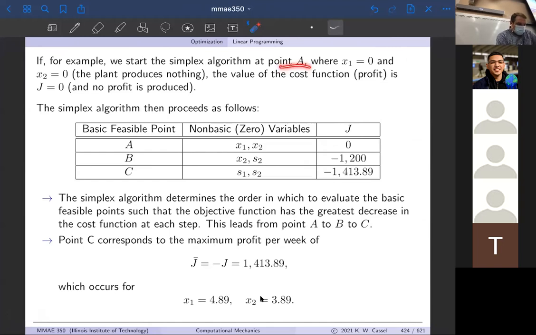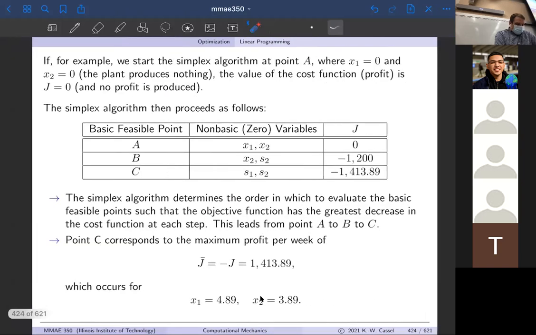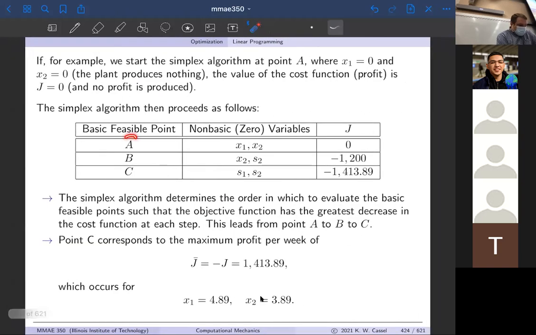So at point A, x1 is 0, x2 is 0, and the profit would be 0, because J, which is 150 times x1 plus 175 times x2, would be 0. So I have 0 profit. I'm going to start there, even though I know it's not the optimal solution. We'll start at A when x1 and x2 are 0, and J is also 0.